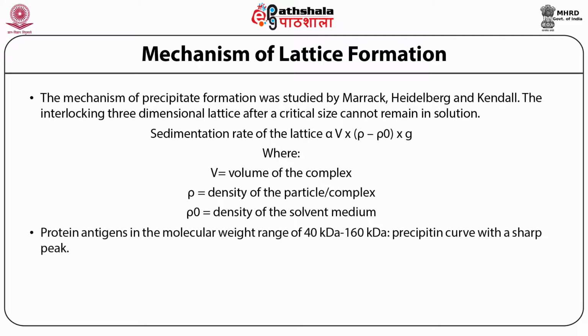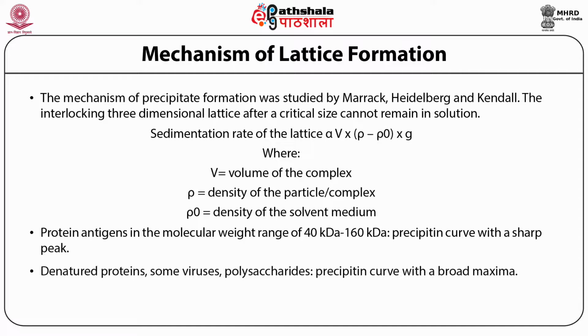Protein antigens in the molecular weight range of 40 kilodalton to 160 kilodalton tend to result in a precipitin curve with a sharp peak. Denatured proteins, some viruses and polysaccharides, on the other hand, tend to result in a precipitin curve with a broad maximum.